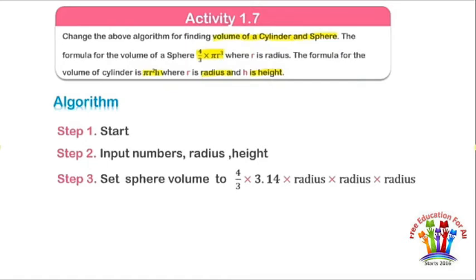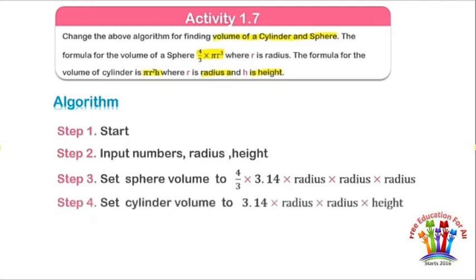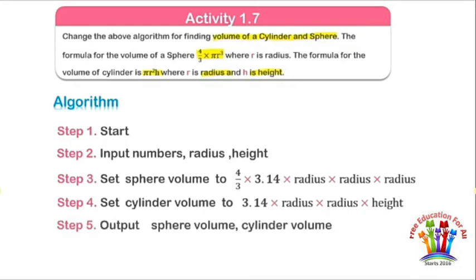So r cube means that you have to write r 3 times. And the next thing is, we will write the cylinder volume. The formula is pi r square h, the value of pi is 3.14. Then we will multiply radius 2 times and multiply with height. After this we will output both sphere volume and cylinder volume.